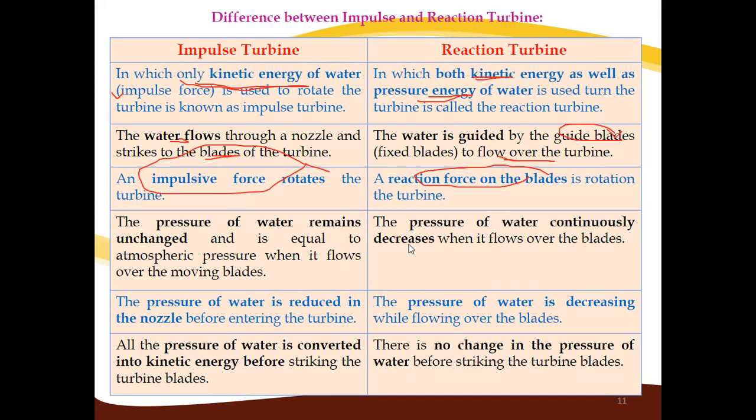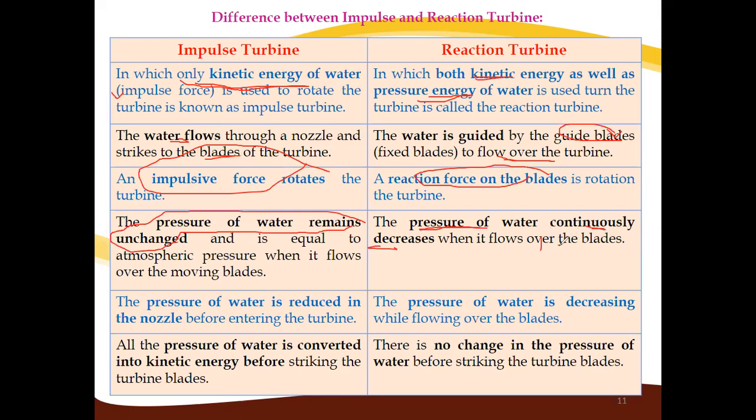The next difference point is that the pressure of water remains unchanged in the impulse turbine, and it is equal to the atmospheric pressure. Similarly, in the case of a reaction turbine, the pressure of water continuously decreases when it flows over the blades.